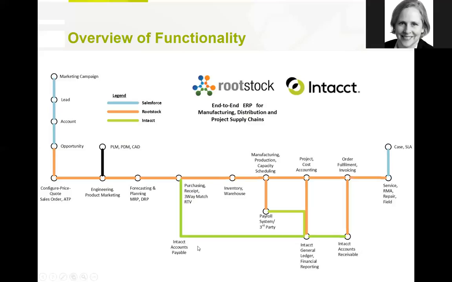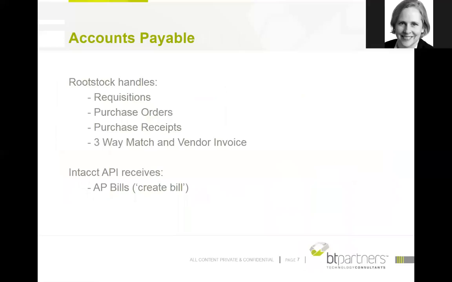So keeping in mind this image here of all these nexuses, we're going to start to drill in a little bit more into each of these and how they interact from a technical nature. So I'm going to start with accounts payable, and Rootstock handles at the very beginning of the AP process requisitions, turns those into purchase orders, and then obviously once those purchase orders come in, they get received in through purchase receipts.